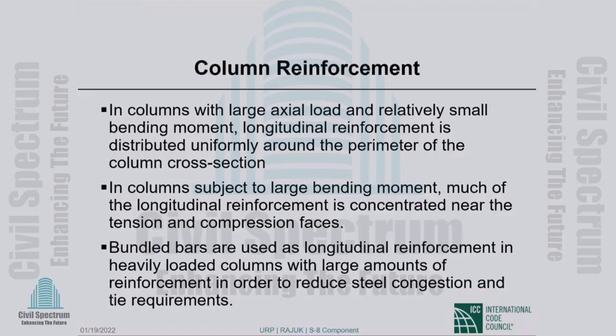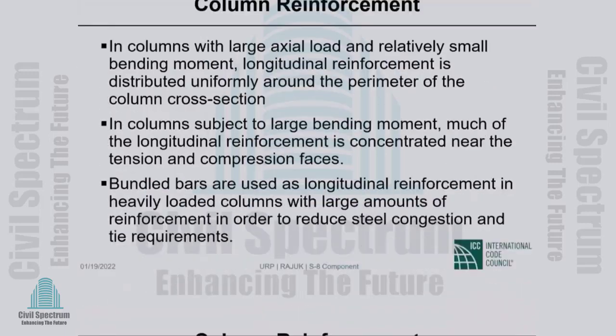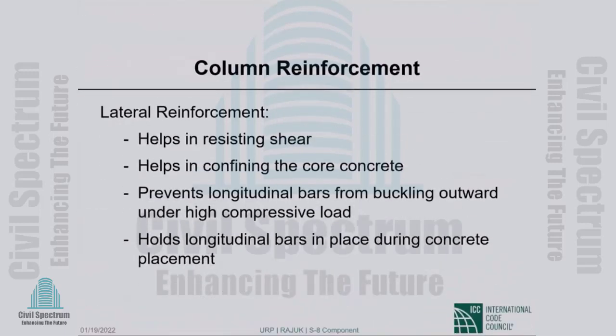Again, I do not know about Bangladesh, but in any case, bar bundles are allowed. They are provided for in ACI 318, and as it says, when you have a large amount of reinforcement, then bundling some of the bars may relieve the congestion. That is kind of a sideline that I don't want to spend time on.